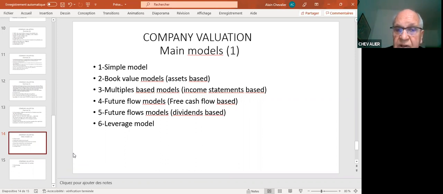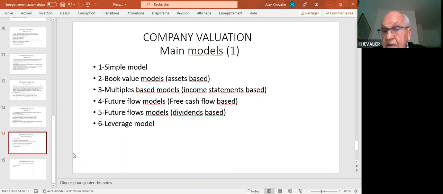And for future flow models, the dividend case, which is Gordon-Shapiro, we know that we are very lucky with this process of convergence, but that convergence is obtained only with a condition, which is K minus G positive: the cost of equity being higher at any time than the long-term growth rate of the dividend.